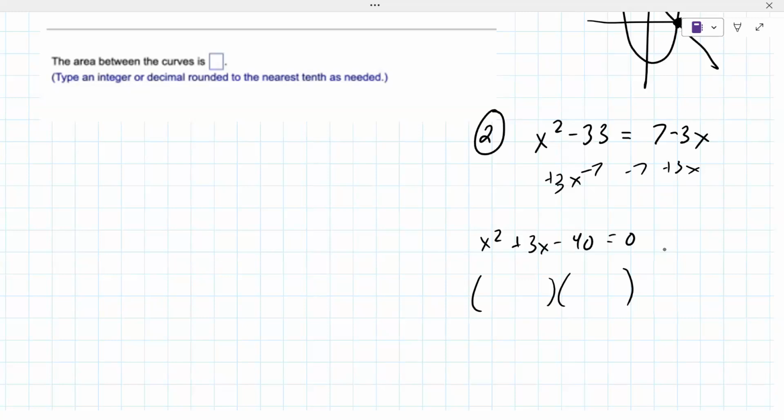One's positive, one's negative. Oh, right. +8, -5.